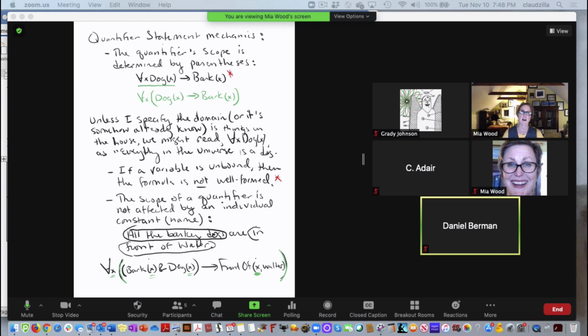So a WFF is a well-formed formula. It's sort of logic's version of a grammatical sentence. And so when we don't have a well-formed formula, the sentence doesn't actually say anything, right? There's no meaning that we can glean from it. So we need to make sure that we've got parentheses where they belong.